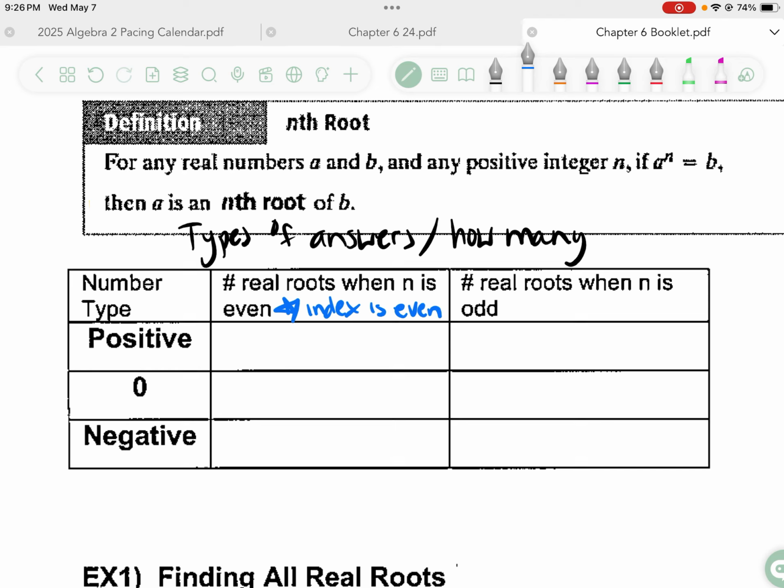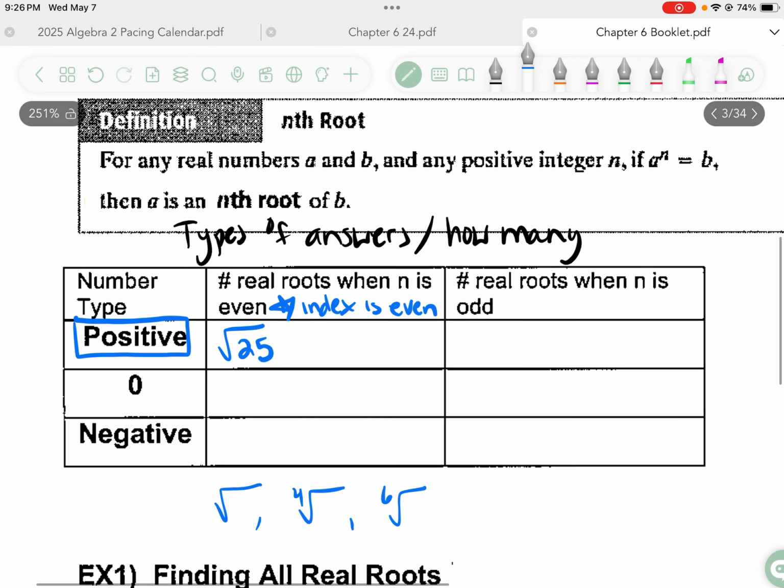So for example, if we have the square root, the 4th root, the 6th root, if the inside is a positive number, so for example, the square root of 25, you guys know that the square root of 25 is plus or minus 5. So therefore, I get 2 real answers.